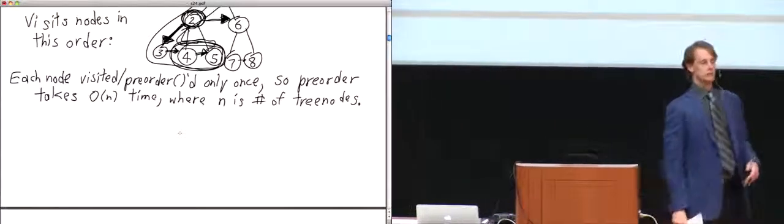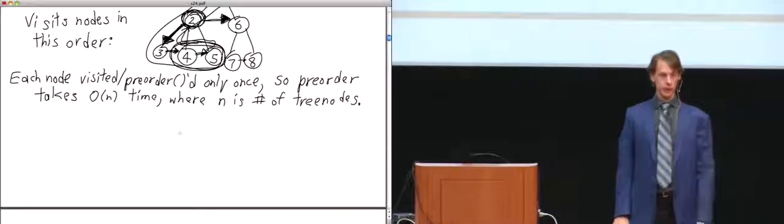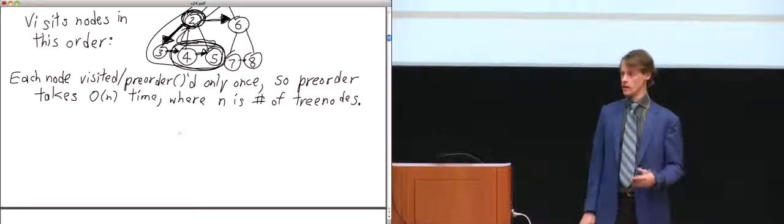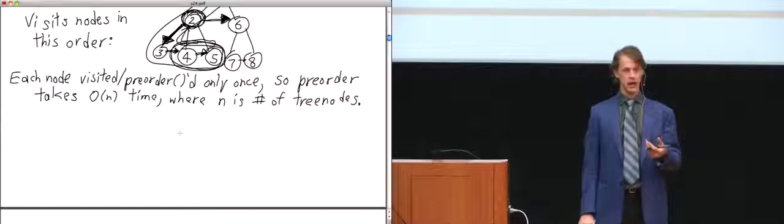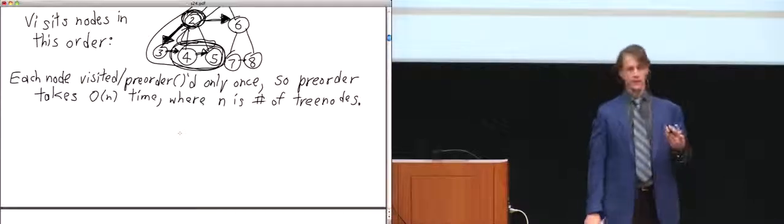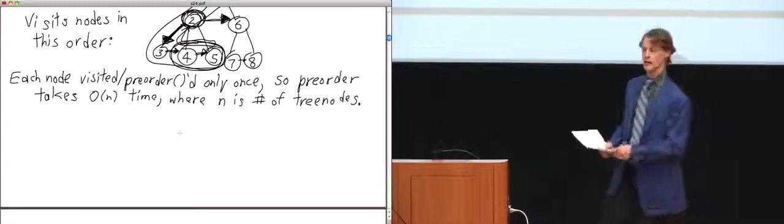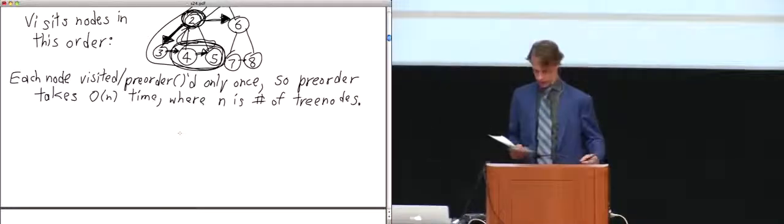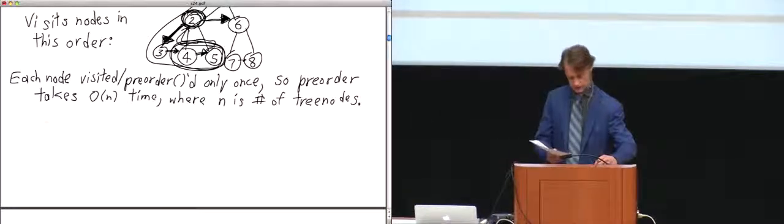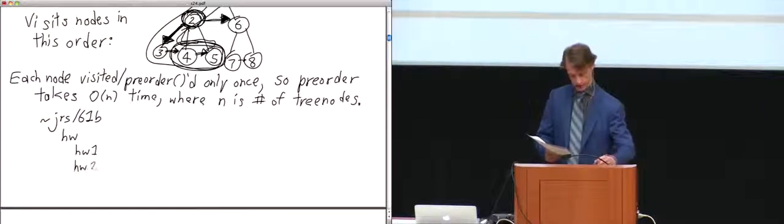So one natural thing you can do with the pre-order traversal is have each visit method call print the name of the current node. And if you do that, that's a natural way to list a directory structure. So a pre-order traversal of that directory I showed you at the beginning of the lecture would look like this. You start by printing the root, you print its first child, you print the children of the first child, you would go back and you print the second child of the root.